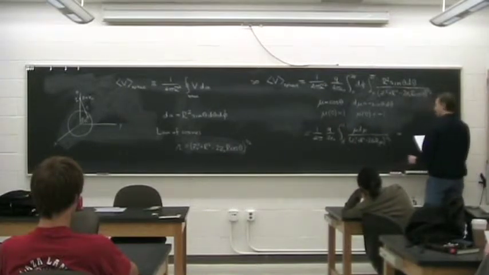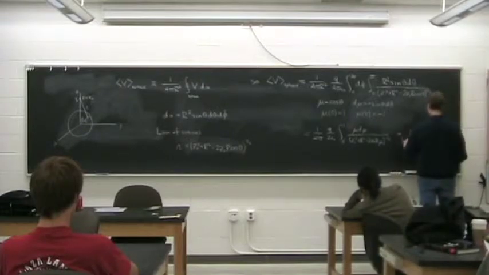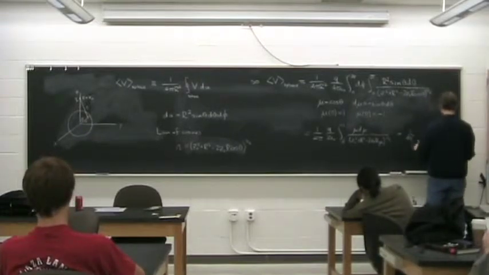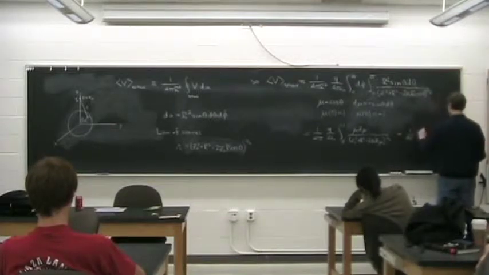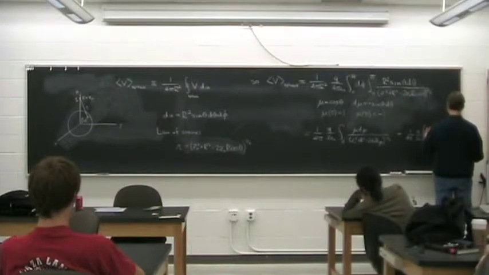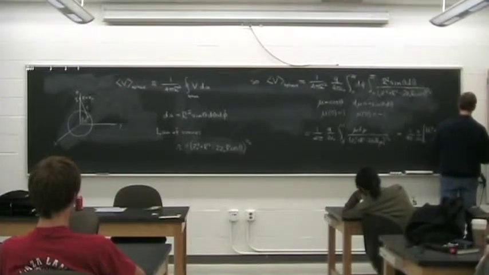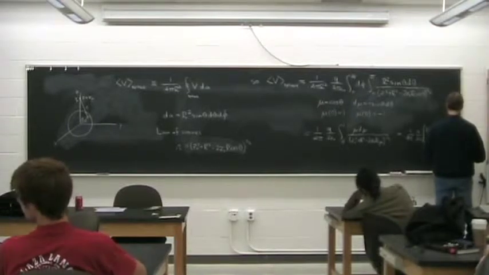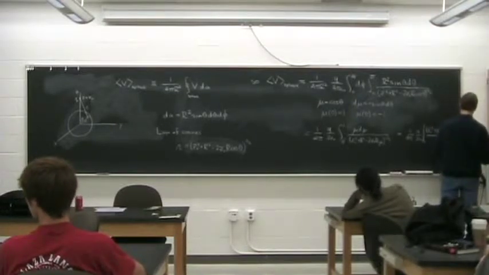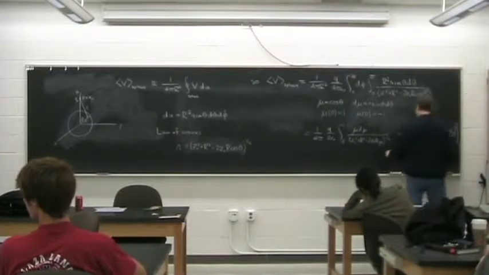So then that's going to be 1 over 4 pi q over 2 epsilon naught, and then we're going to have to do z naught squared plus r squared minus 2 z naught r mu to the 1/2 over z naught r, evaluated between -1 and 1.